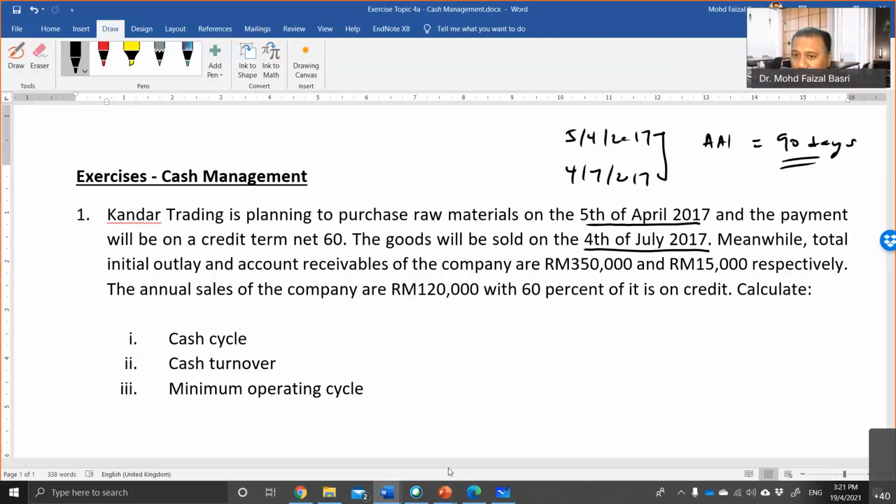What you need to do, we know April, May, June, and July, because the transaction happened from April until July. So we list down all four months and find the number of days according to the month. For April, it starts from the 5th of April.